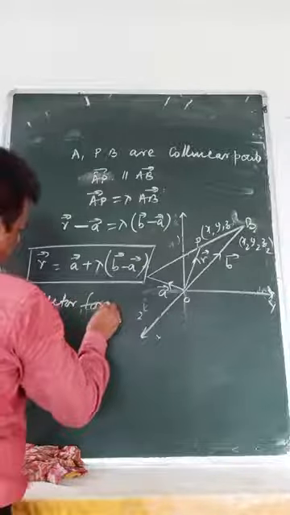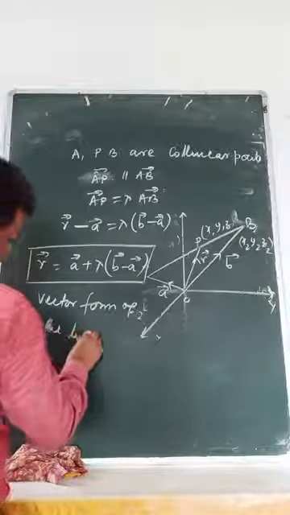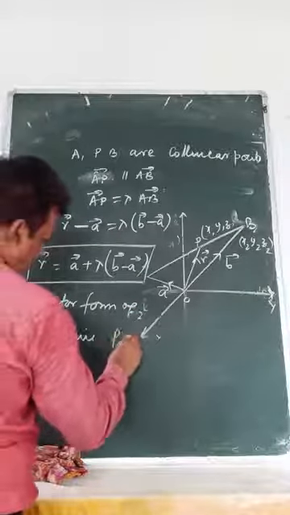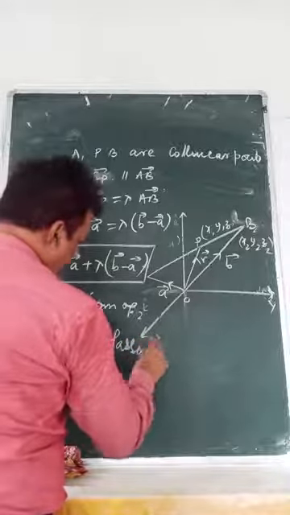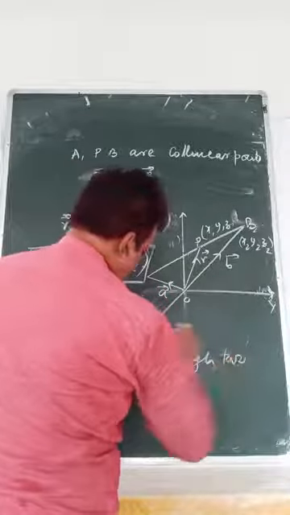Vector form of the line passing through two given points.